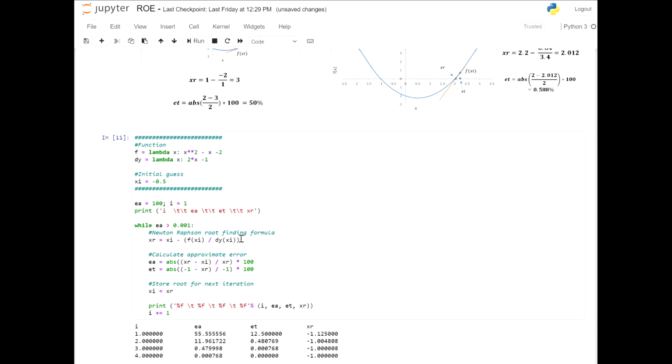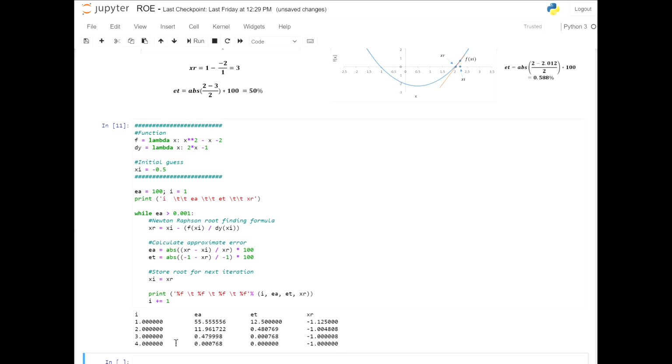We're also shown that how good your initial guess is will determine how many applications it's going to take for you to converge to your root. But in this case, it was around 4 or 5 applications for us to converge to a root of 2 and a root of -1.